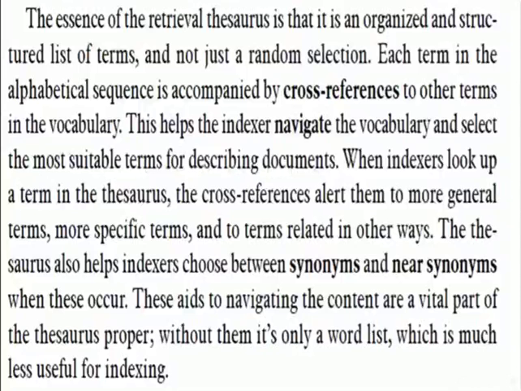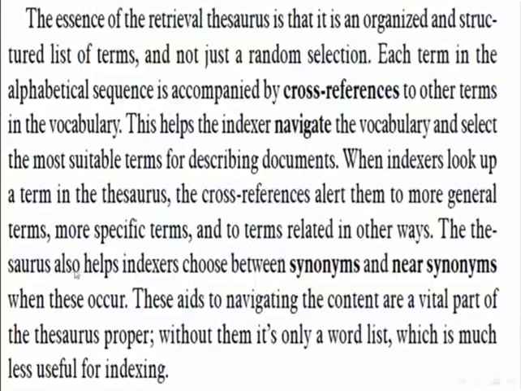When indexers look up a term in the thesaurus, the cross-references alert them to more general terms, more specific terms, and to terms related in other ways.